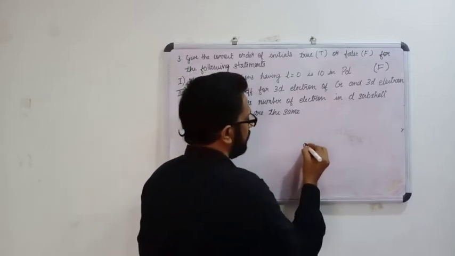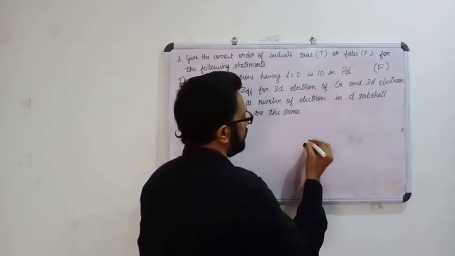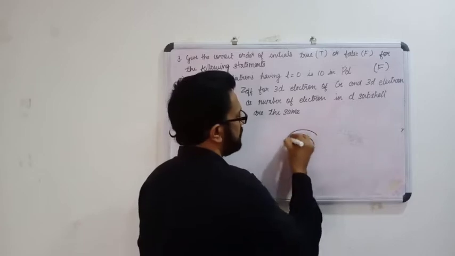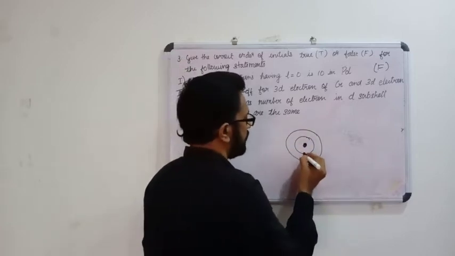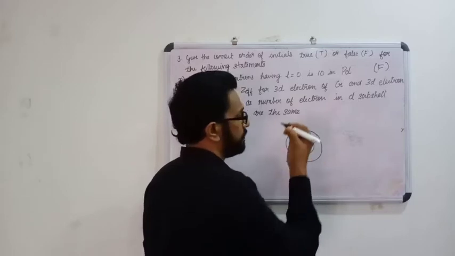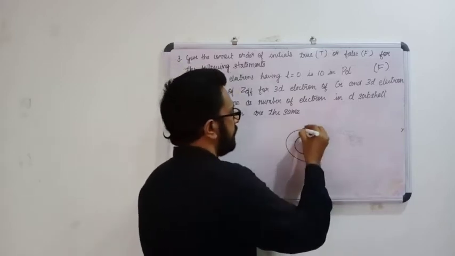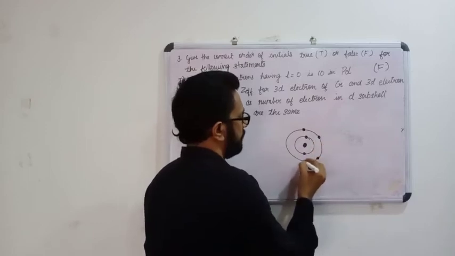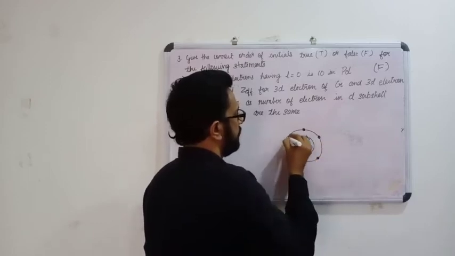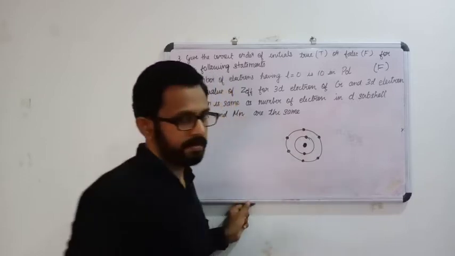See, if this is the nucleus, we have shells which contain electrons. Suppose in the first shell we have 2 electrons, and in the second shell, let us assume it has 6 electrons.